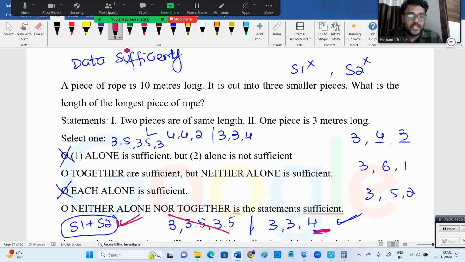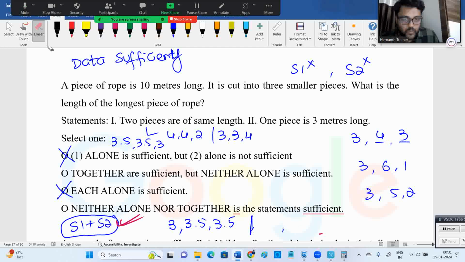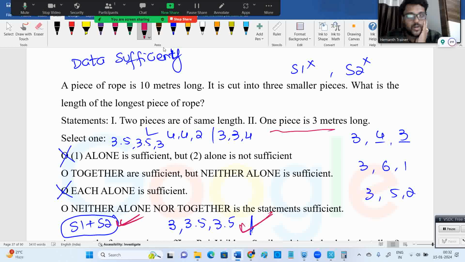One piece is 3 meters. One moment. No, one piece only is 3 meters. They said one piece only has 3 meters length, so the remaining two must be equal. This is the only path. Among three pieces, one piece is 3 meters long.